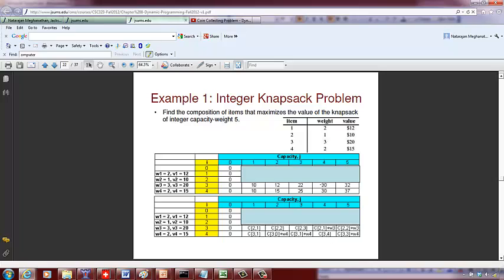So 27 compared to 30, 30 is greater, so you write just this 30 and say C of 3 comma 4, it came from here. And then you compare this 32 with 2 columns to the left, which is 22 plus 15, which is 37. So you got it better by going through C of 3 comma 3 plus item 4.